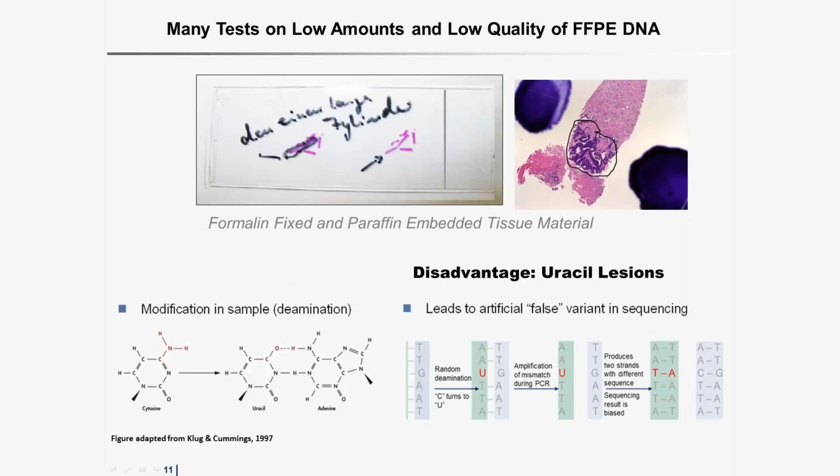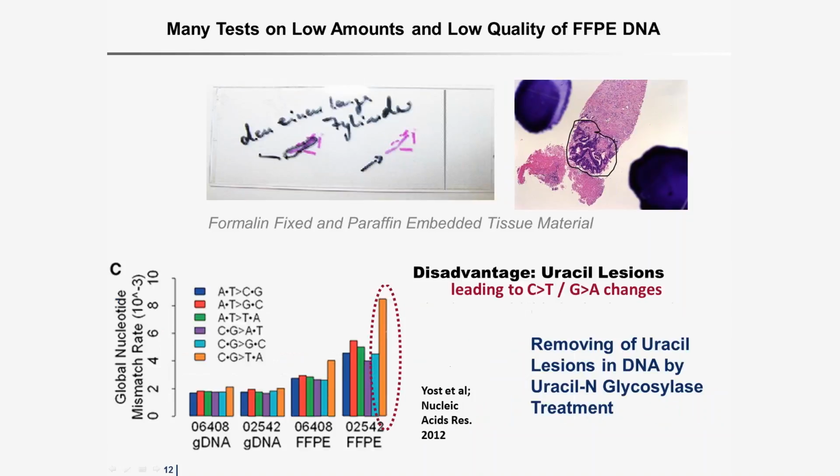In addition, formalin causes deamination of cytosine resulting in uracil, that is shown here. And then during the PCR, the C is changing to T because the C is recognized as a U, and then you have C to T changes or G to A changes.